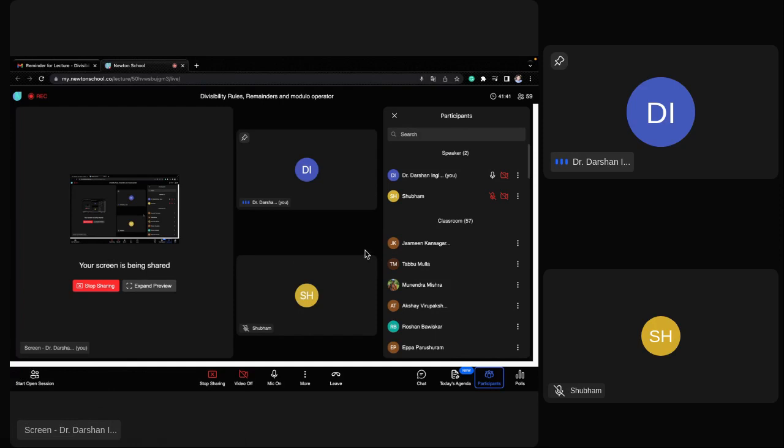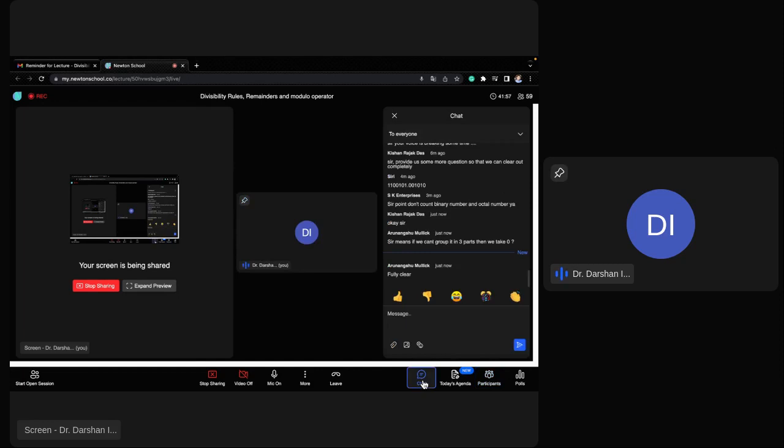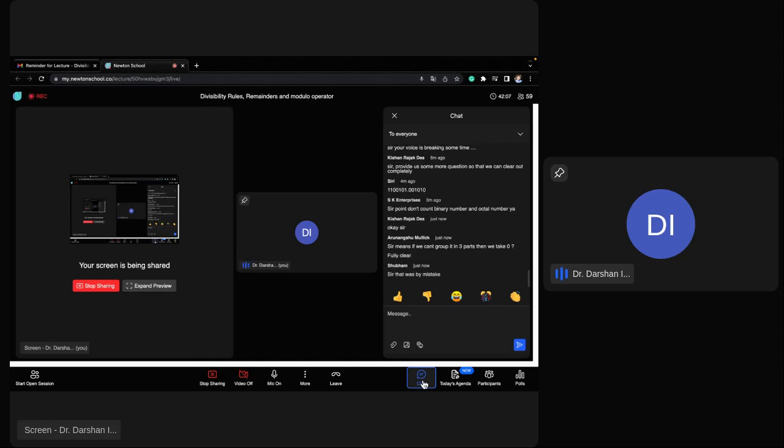Guys, please be very careful when you are using the platform. I can see people are asking to be on the stage and then not speaking by self. This is wrong in the sense it is distracting me as well as distracting others in the class. Shubham, it's not specifically pointing to you, but before you also there were two, three people who did that.